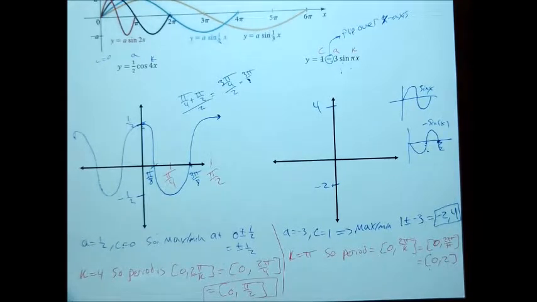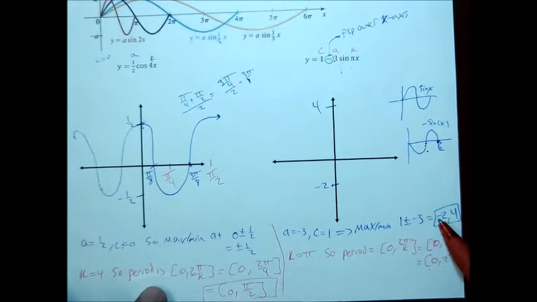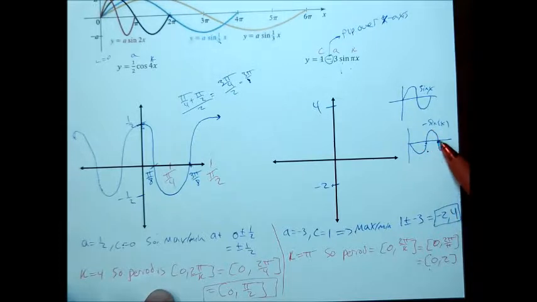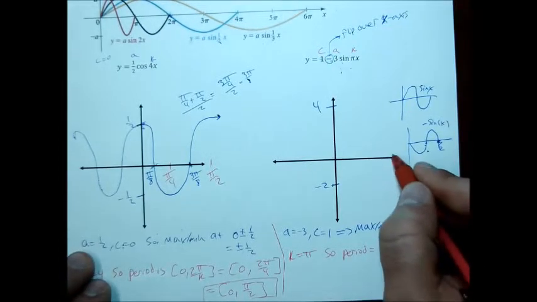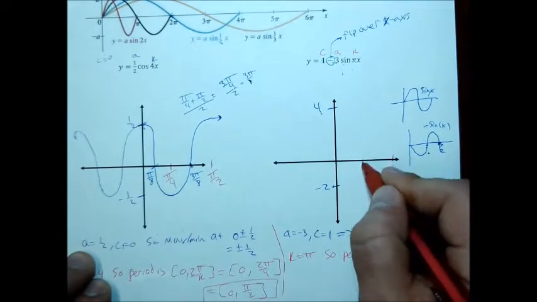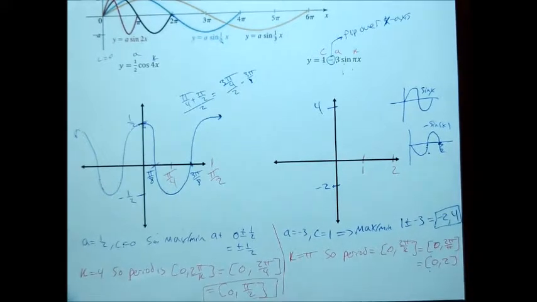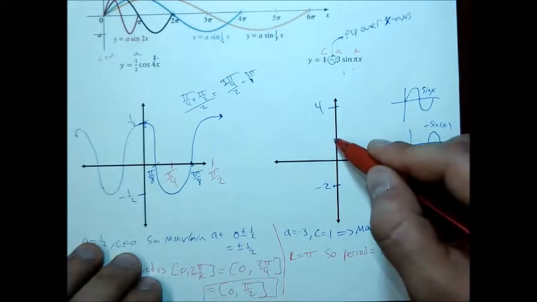So let me get that sketched out, and then maybe we'll think about the intercepts. So we've got our max and min at minus 2 and 4. We're going to have this shaped graph because we've got a flipped over cosine. And then we're going from 0 to 2. Oh, let me write that down. So we're going to have our max out here at 2, and halfway between it will be 1. And so the graph will look something like this.